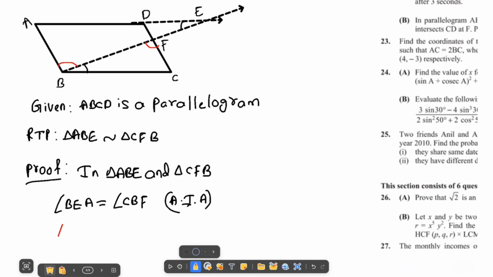So we can write it as angle ABE is equal to angle CFB. So they are also alternate interior angles. So by angle similarity, both the triangles are similar.